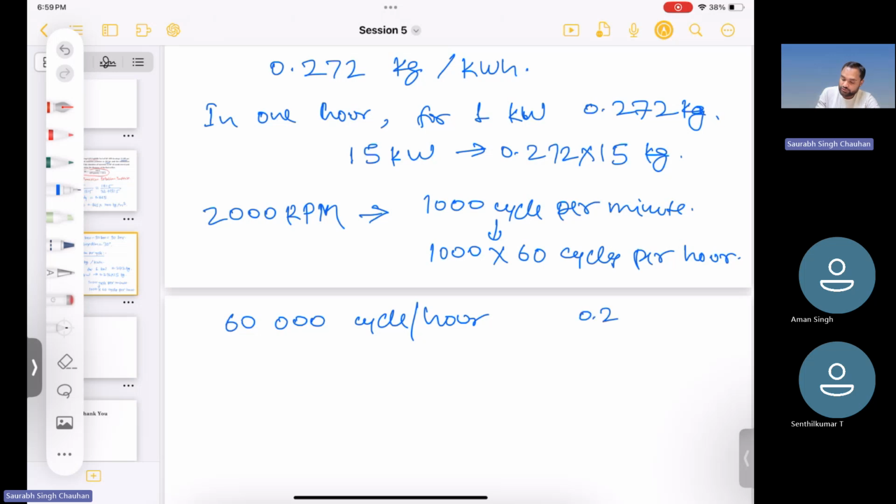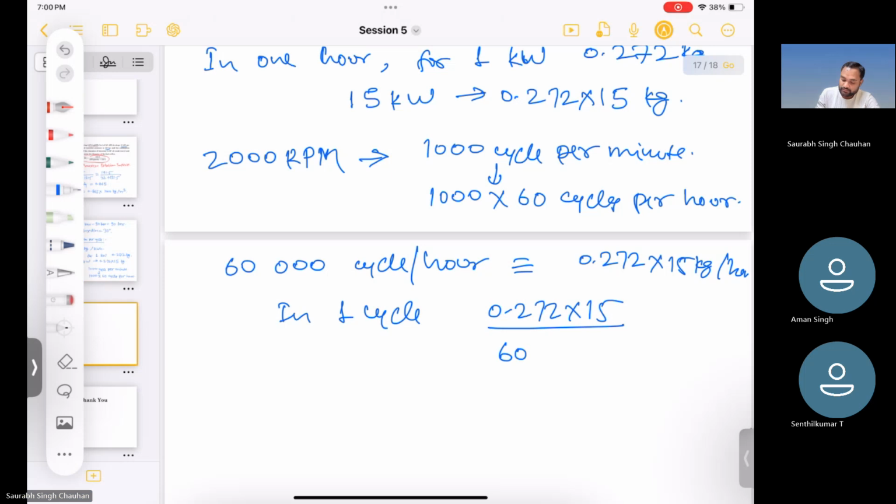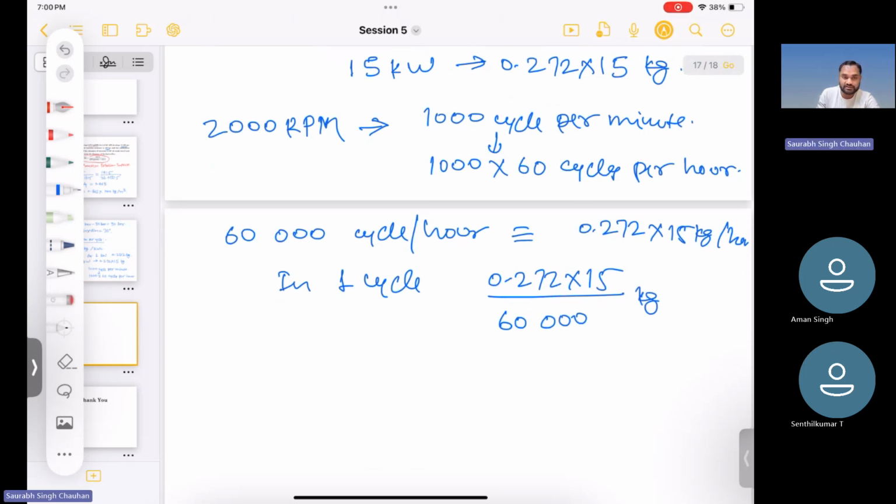How much fuel is consumed? 0.272 into 15 kilogram per hour. This is the fuel consumption rate. So in one cycle, how much fuel will be consumed? 0.272 times 15 divided by 60,000, right? In one cycle, this much fuel will be consumed, correct?